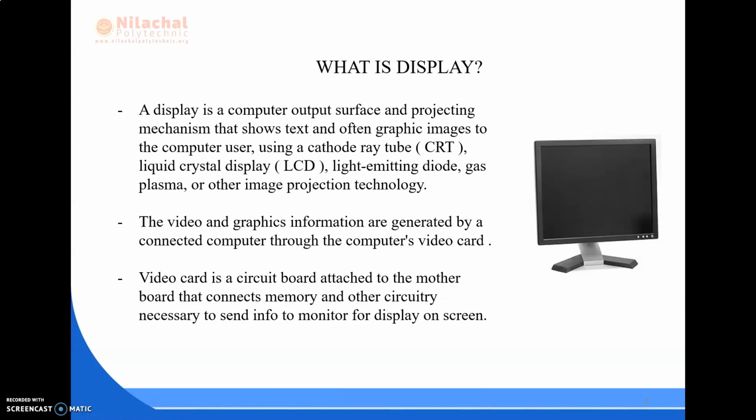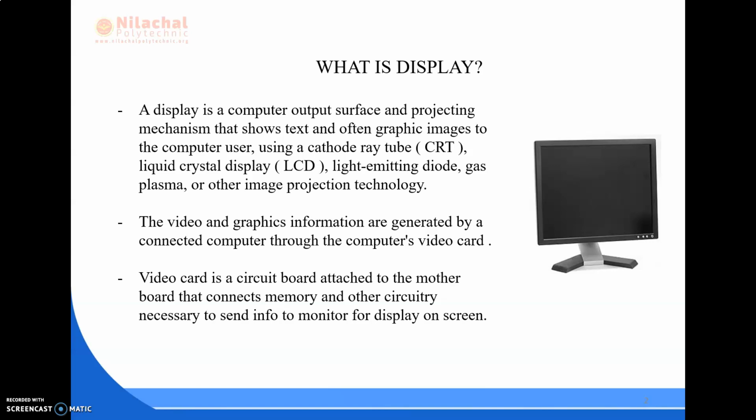At the very first step, we will learn what is display. A display is a computer output surface and projecting mechanism that shows text and often graphic images to the computer user by using some of these types.